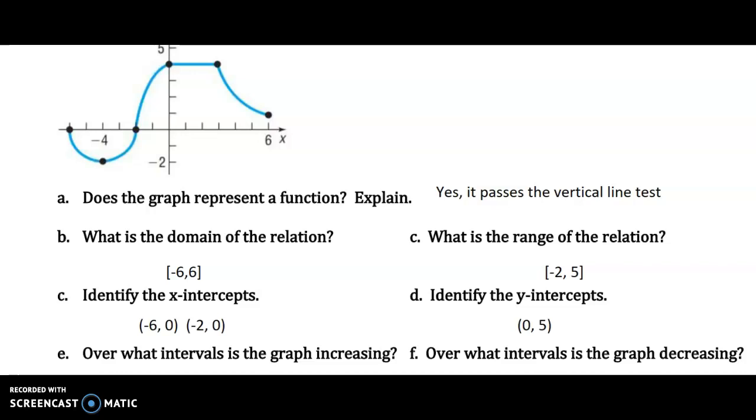The domain of this relation with square brackets is [-6, 6]. The range in brackets, [-2, 5]. The x-intercepts are at (-6, 0) and (-2, 0). And the y-intercept is at (0, 5).